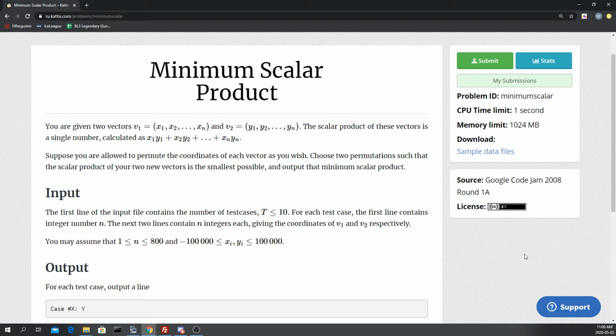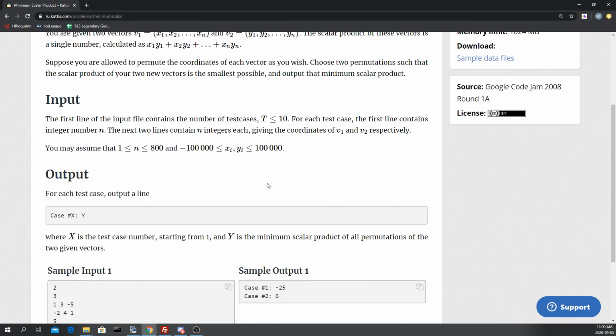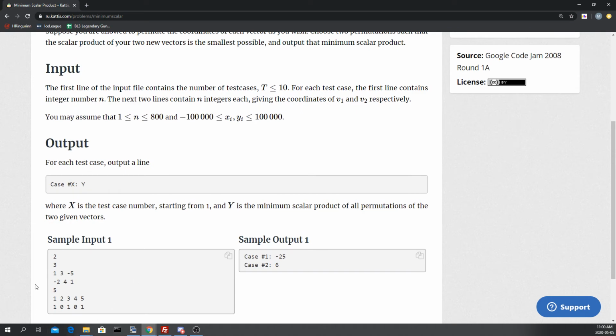Now, we are allowed to permute the coordinates of each vector as we wish, and we want to permute them in such a way that the scalar product is the smallest possible. So if we look at the samples, we get 1, 3, and -5, and -2, 4, and 1.